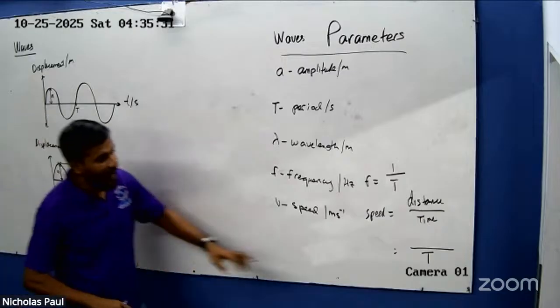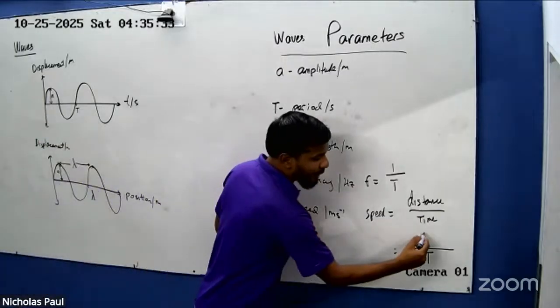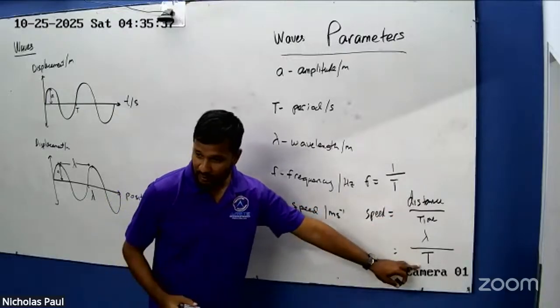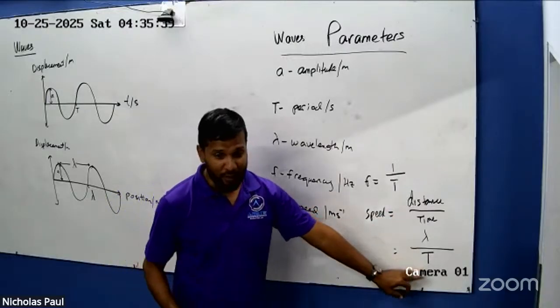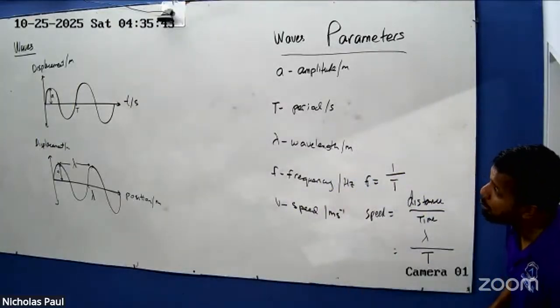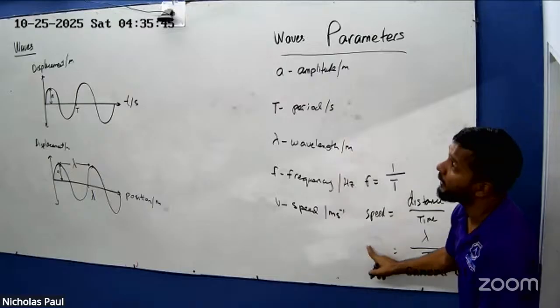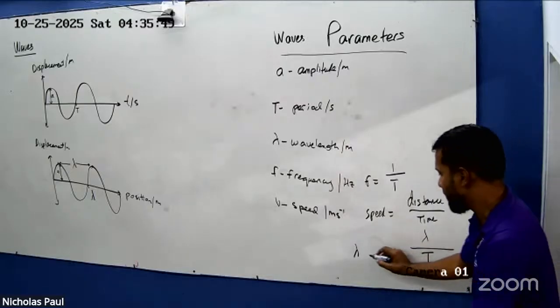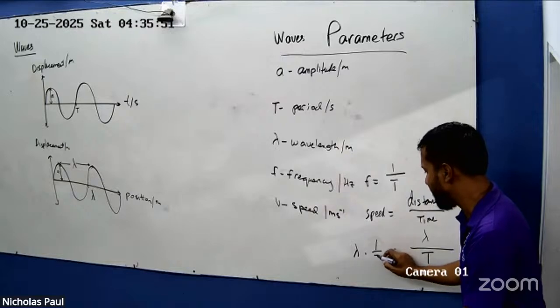So the time it takes to travel one wavelength is T, right? So, can you all see the one line? Lambda, I'm just rewriting this, it's lambda multiplied by 1 on T.